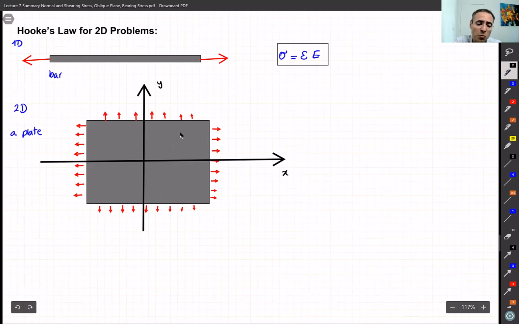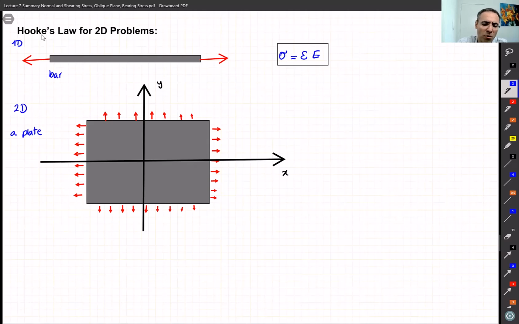So it means when you have load in X and in Y direction, the strain in X or Y is not just because of the load in X and Y. It's because of a combination of these two. And Hooke proved another formula for us, which the proof is in your textbook, but we don't need to study the proof.